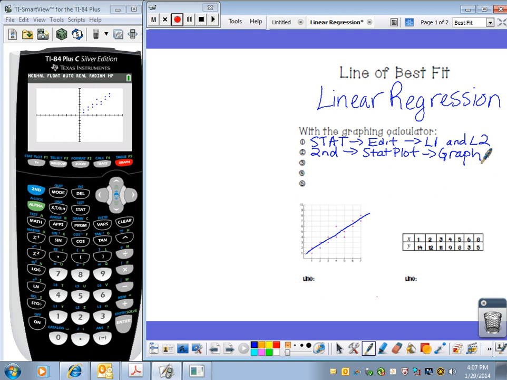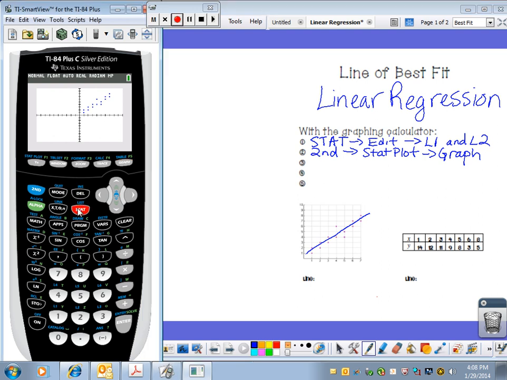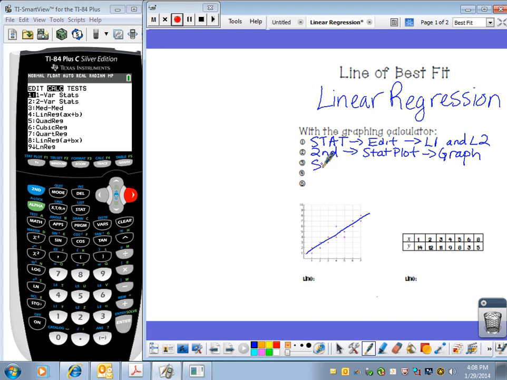Okay. So now I need to find the line of best fit. In order to do that, I go to Stat again and choose Calc. Then I'm going to choose number 4, which is LinReg(ax+b).